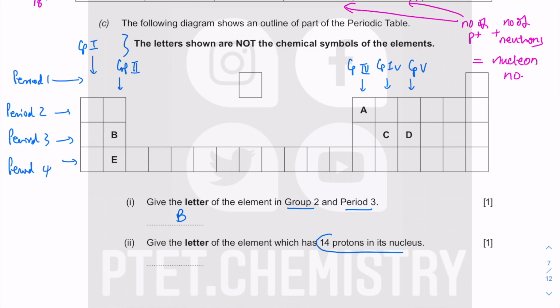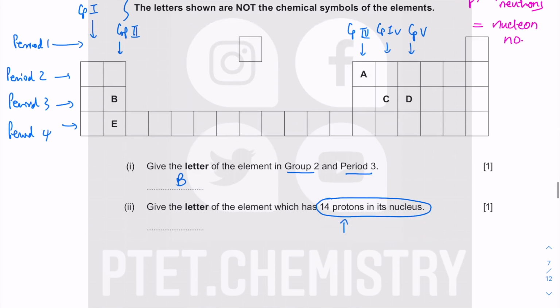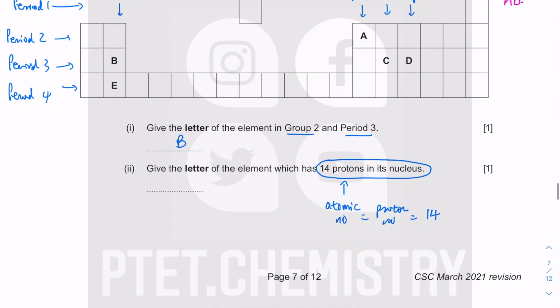14 protons in its nucleus. Well, if there are 14 protons in the nucleus, that means atomic number, which is the same as proton number, equals 14. Now when you have an element, you have atoms, right? So you have 14 electrons. Of course, you can go straight to the periodic table and you will see atomic number 14 is silicon.